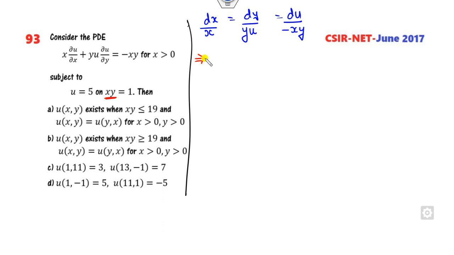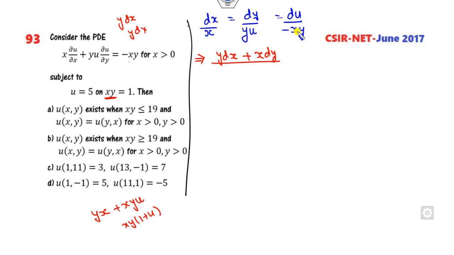So you just think about how you can make yx. So you have to make x dy, y dx. If I start from here plus x dy, what will happen? That is yx, it is xyu, so xy is common, 1 plus u, and xy is there.